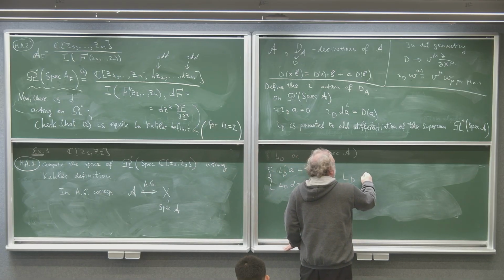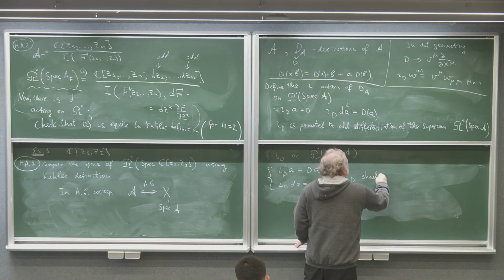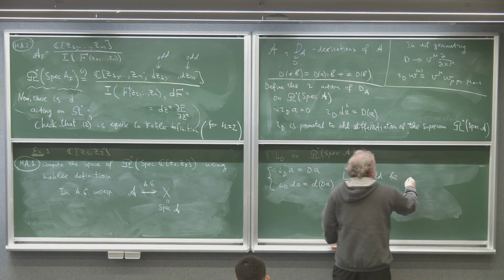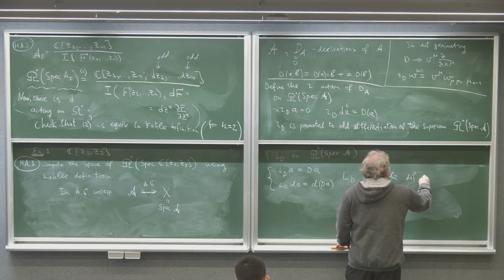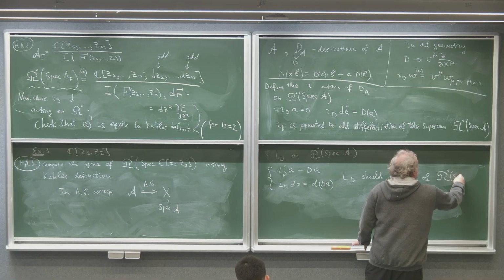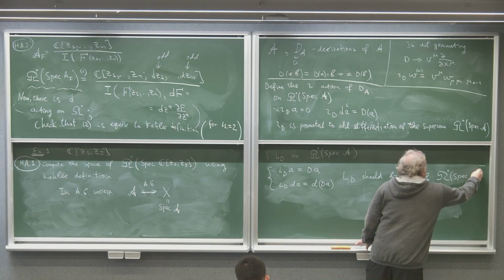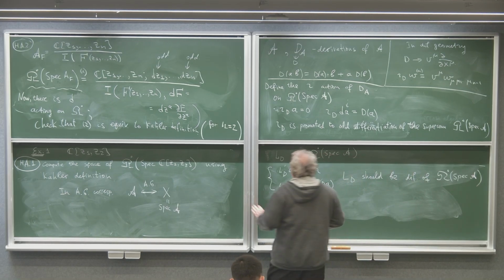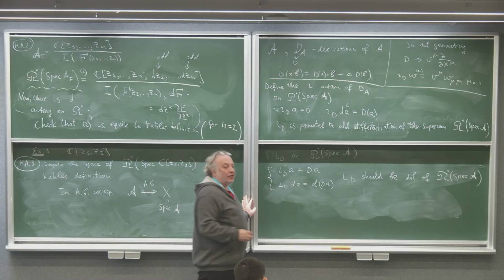And also L_v should be differentiation of the algebra, and this is the algebraic definition of the Lie derivative.